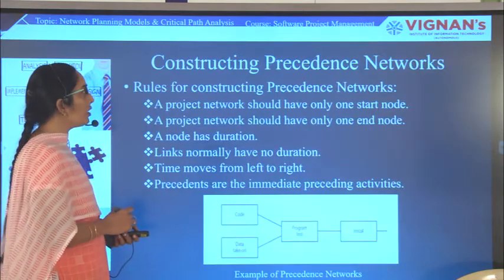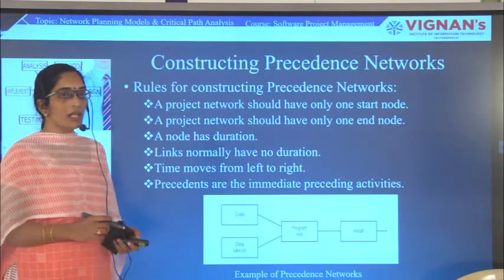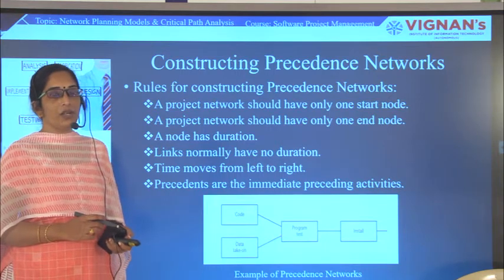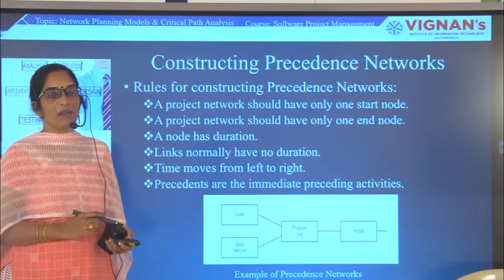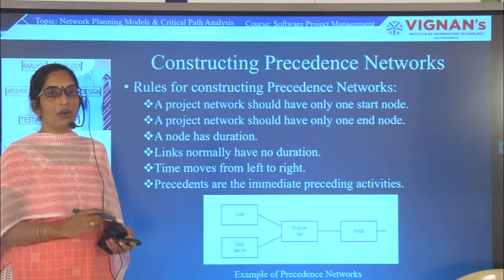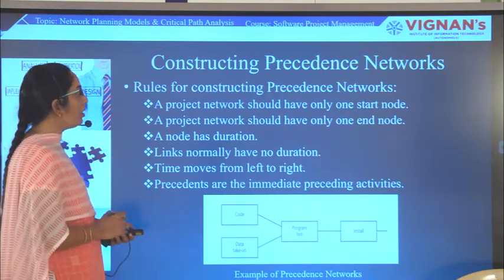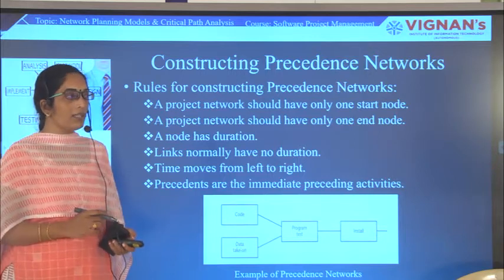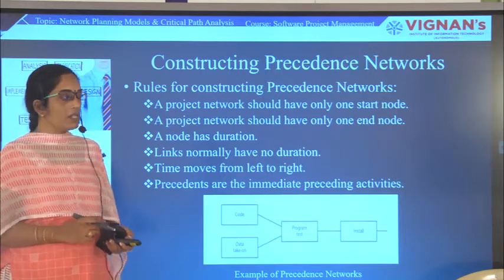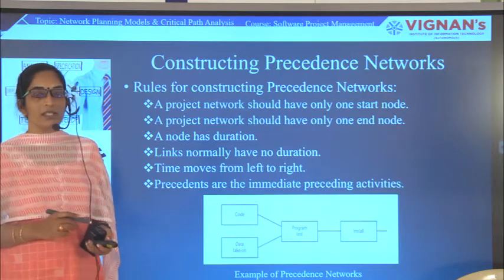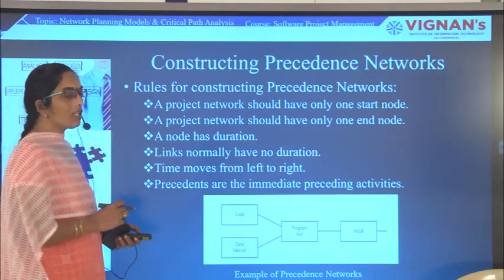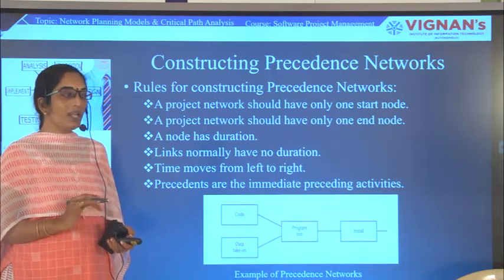Next, let us move on to constructing precedence networks, that is, activity on node. We have to know how these networks are constructed, so let us see the rules. A project network should have at least one end state.